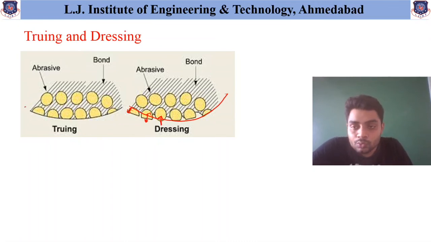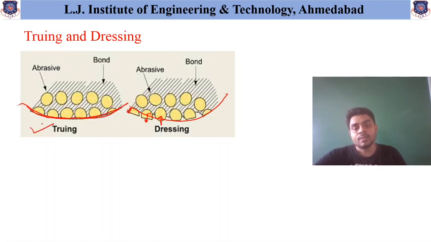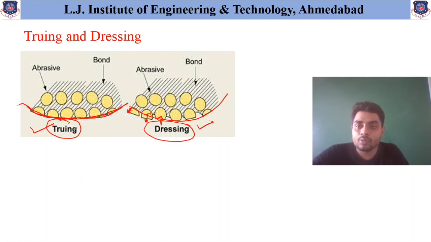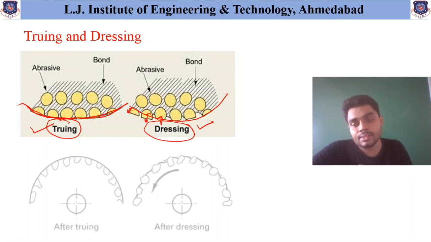To bring all these abrasive particles to the same height, another operation is performed, and this operation is called the truing operation. From this figure you can easily understand that dressing is the operation of providing sharpness to the abrasive particles, and truing is the operation of setting all the abrasive particles at a certain depth for proper surface finish.